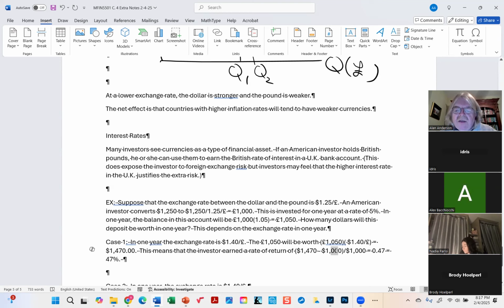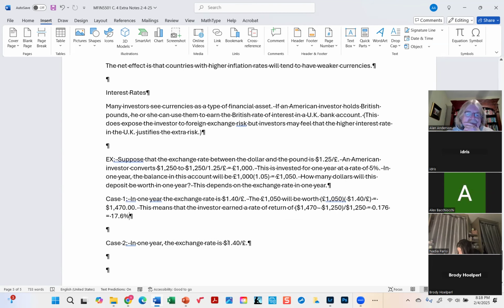No wonder it sounded so high. I knew something was wrong. It should be closer to like 17%. So you made $220 on an investment of 1,250. That's what happened. That is 17.6%, right? That sounds a lot more like it. Now that's not too shabby. Given that the British rate of interest was only 5%, somehow you managed to make 17.6%. So in other words, the remaining 12.6% actually came from the gains when the dollar got weaker. The dollar lost about 12.5% against the pound.